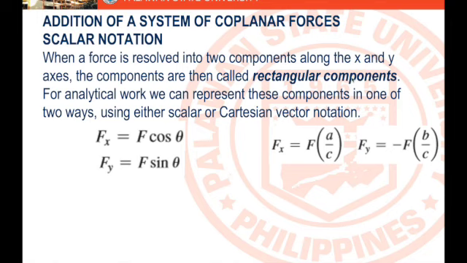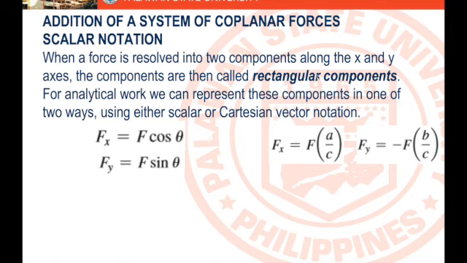From our previous lecture, we learned how to add forces and determine the resultant force, and then from the resultant force we also learned how to find the components along specified axes.